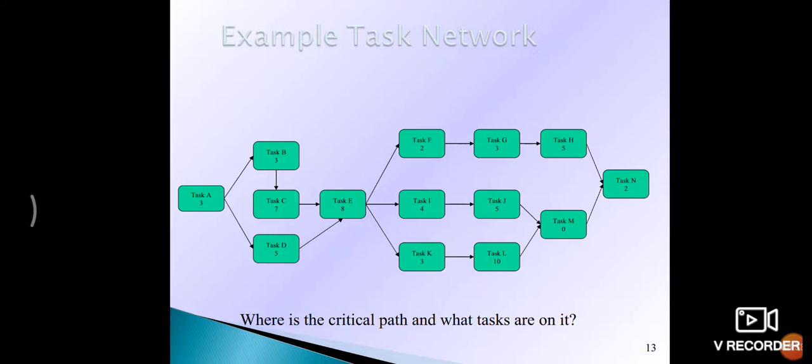Task B will take 3 weeks. If you calculate the entire duration, suppose it comes to, let us take a rough example, 250 days, meaning it takes 7 to 8 months for completion of a project.